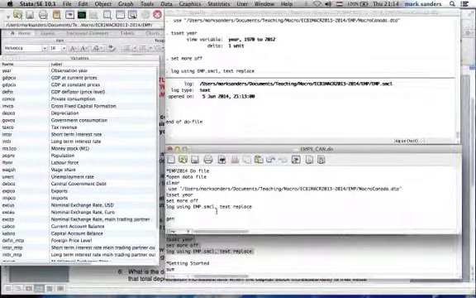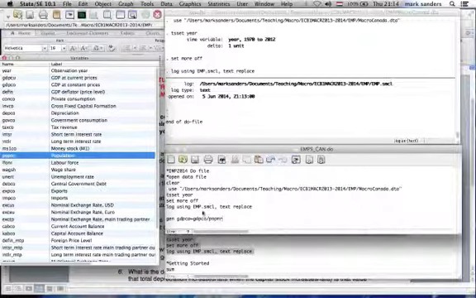Generate GDP per cap, defined as the GDP in constant prices divided by the population of my country, which is here, population number.